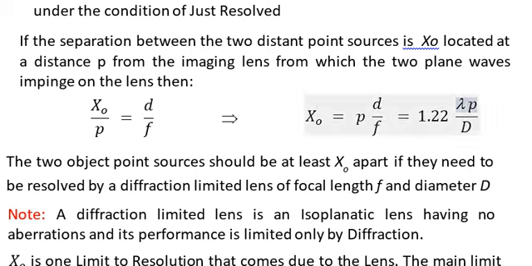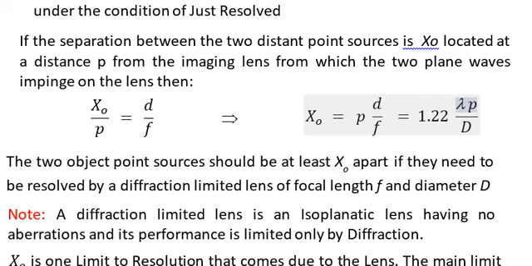So you see that in order to resolve x naught, we have to follow these expressions. If capital D is made larger, that is, if you use a lens of a larger diameter, then you can resolve objects which are at a closer distance x naught.